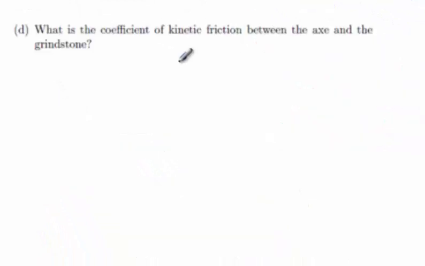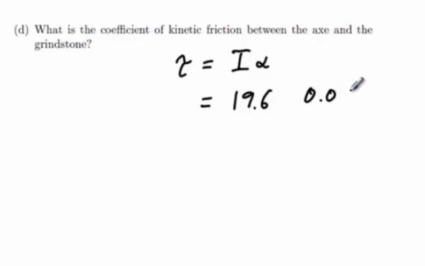The torque equation is the rotational equivalent of F equals ma, and is therefore torque equals I alpha. We've already determined I to be 19.6 and alpha to be 0.0873. As we mentioned previously, the force responsible for creating this torque will be the frictional force, and the frictional force will be mu k times a normal force of 20 newtons. However, this quantity is merely the frictional force. It is not a torque.